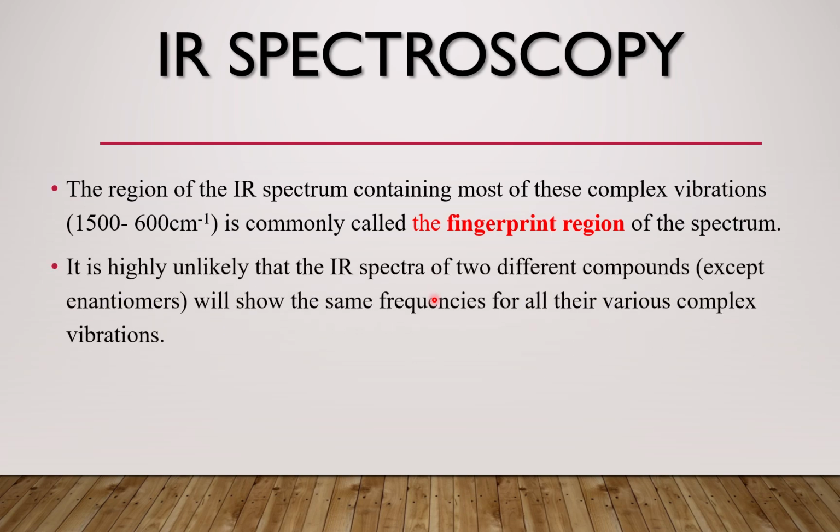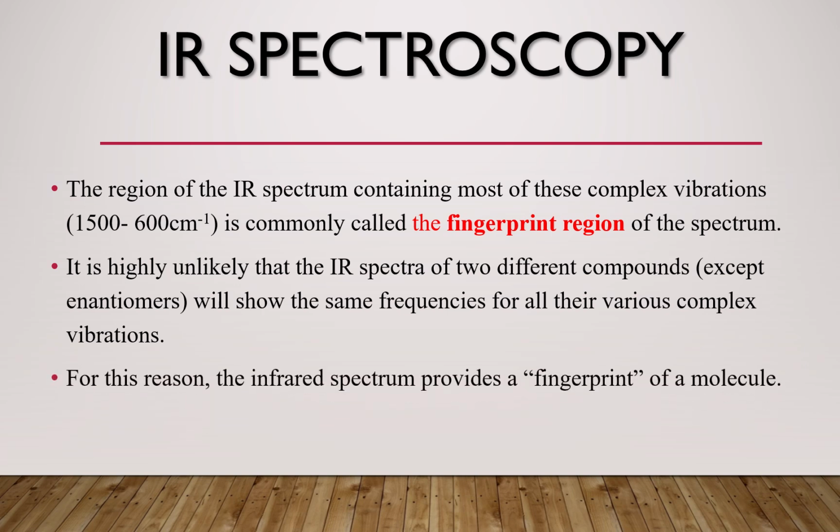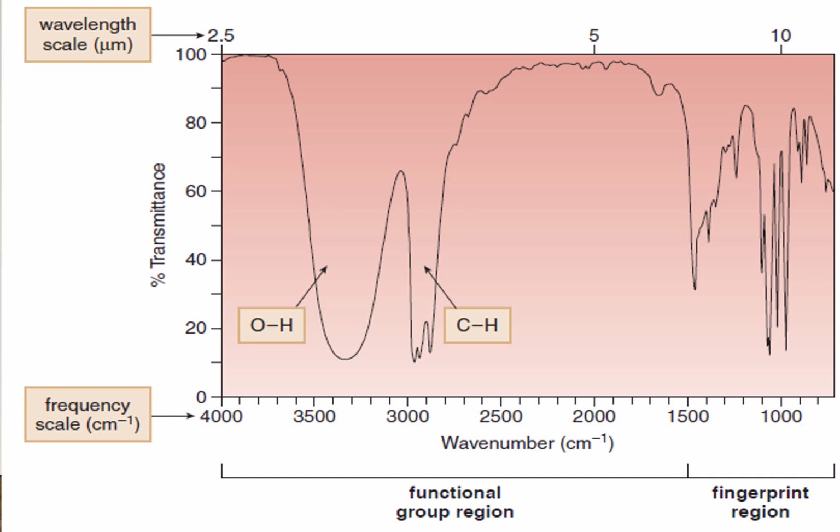So it is highly unlikely that the IR spectra of two different compounds will show the same frequency for all their various complex vibrations. And that is the reason it is the fingerprint region. As I said, the left-hand two-thirds of the spectrum, from 4000 to 1500, is the functional group region where you can identify most of the functional groups present in the molecule.